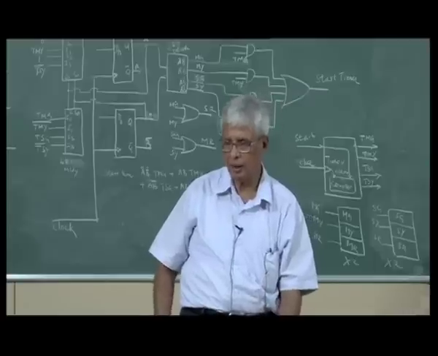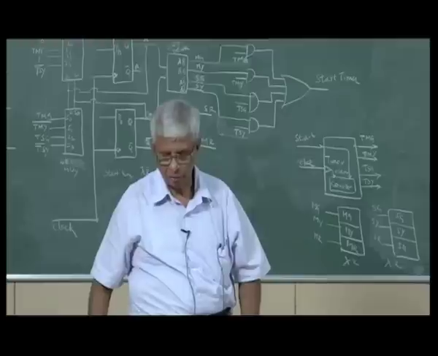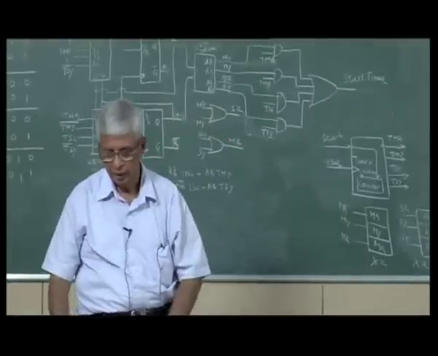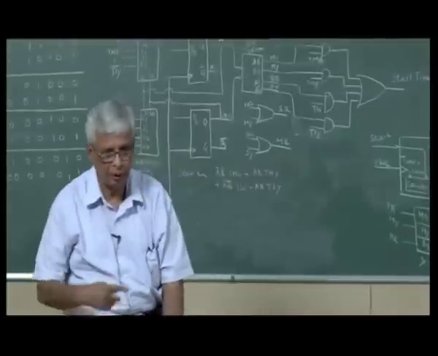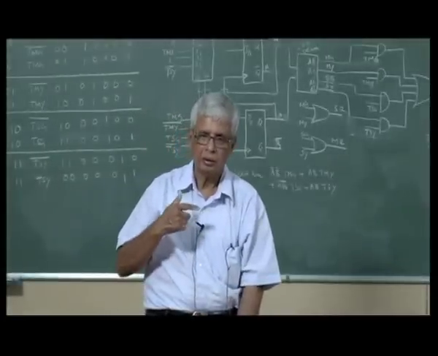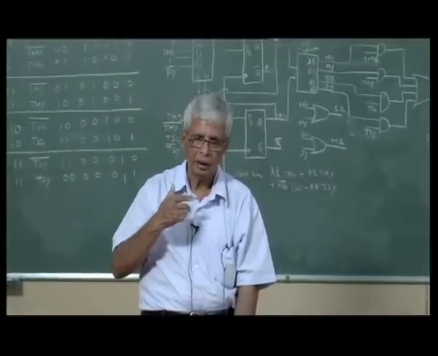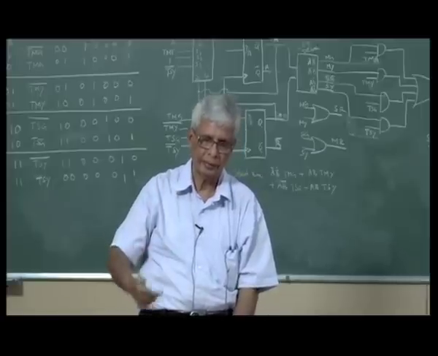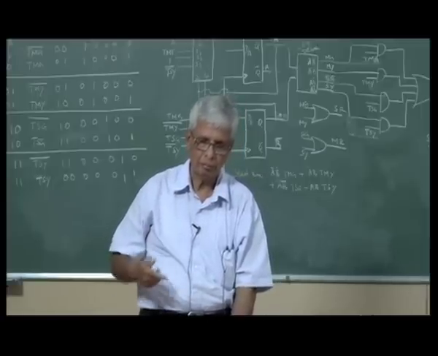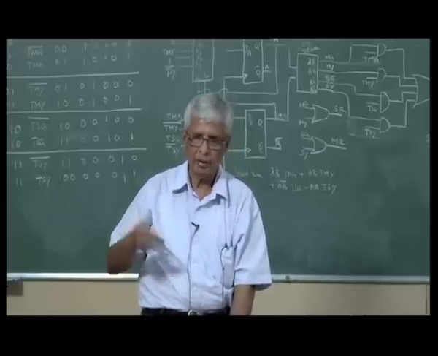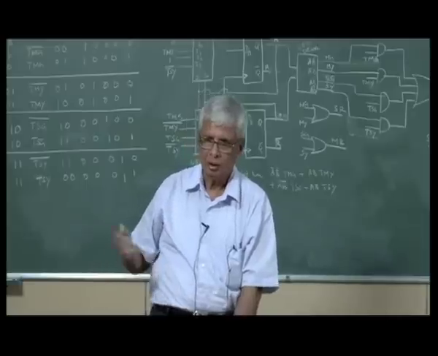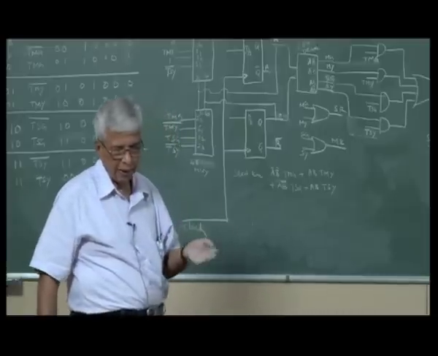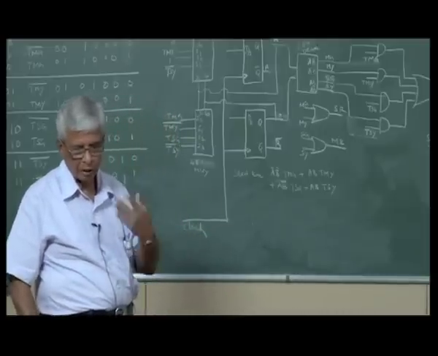We have memory, we have arithmetic unit, etc. And then they should be activated, made to work in a sequence required by the process, by the problem. So that is why you need the controller. The controller gives the command signals to start and go step by step as required.